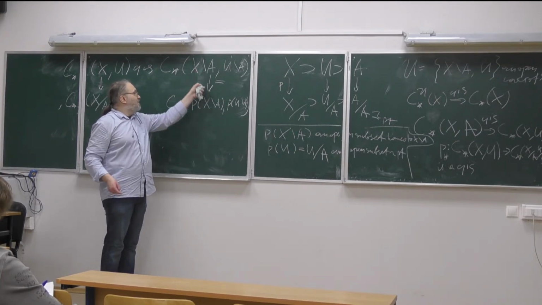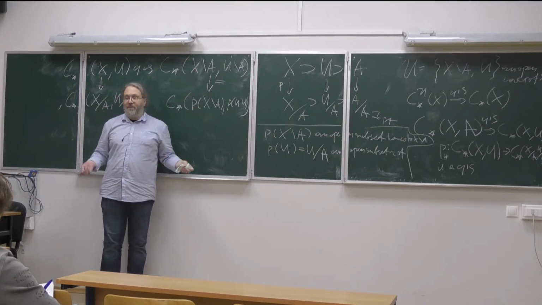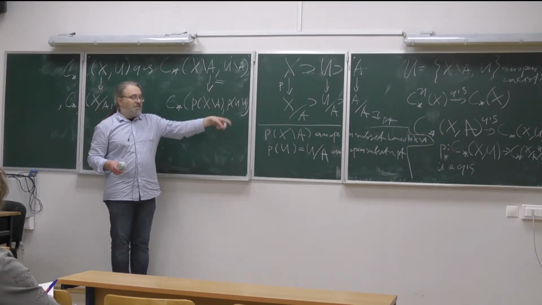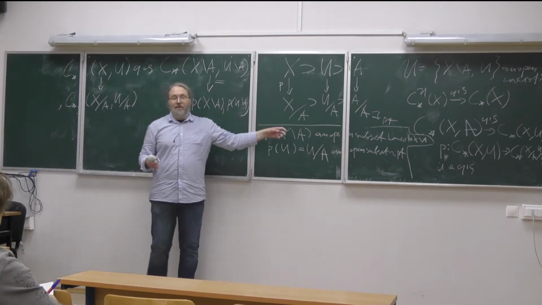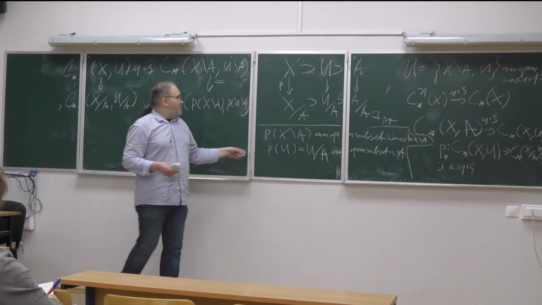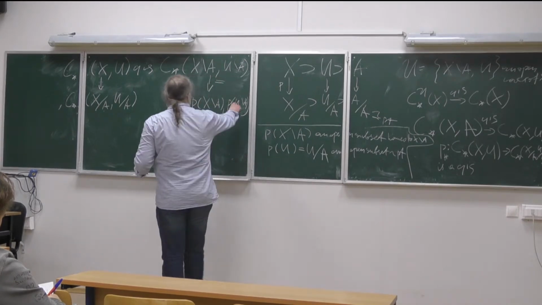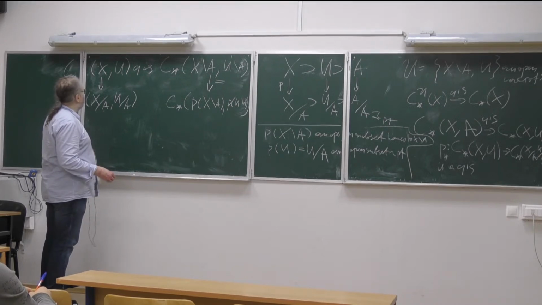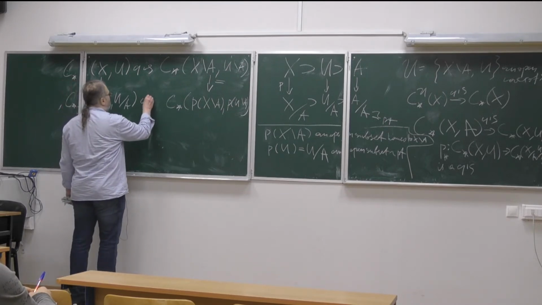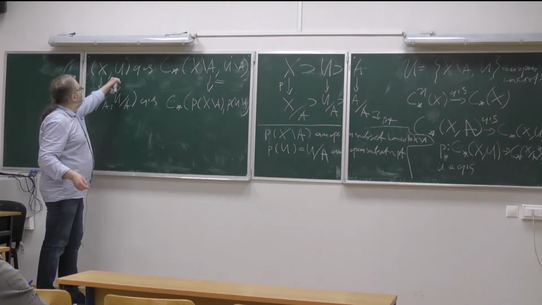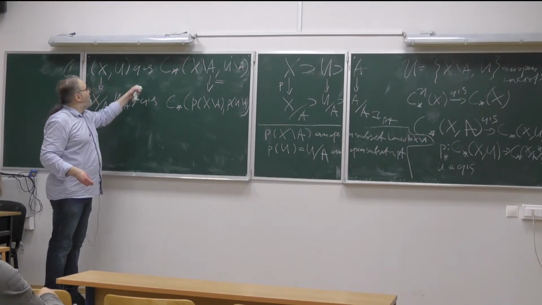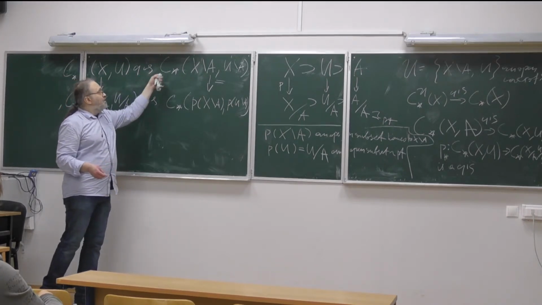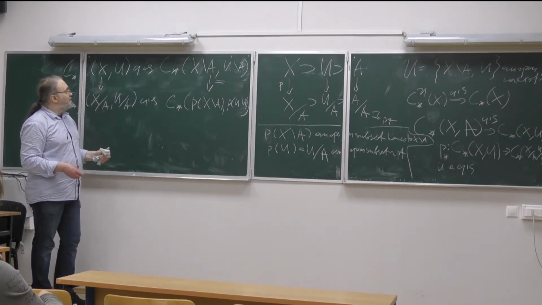When we apply P to X minus A, nothing happens. The image of X minus A is homeomorphic to X minus A. The same applies to U minus A. So let's see if we can construct a quasi-isomorphism between these two complexes.